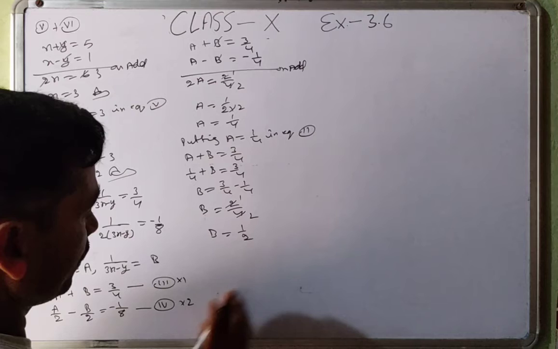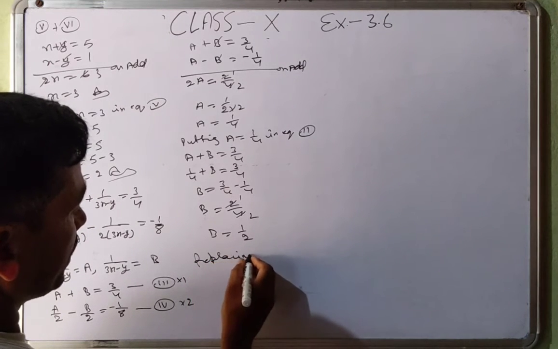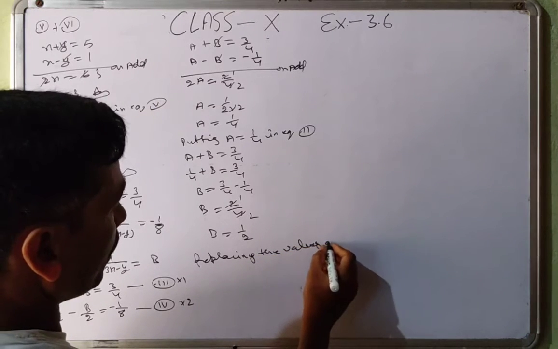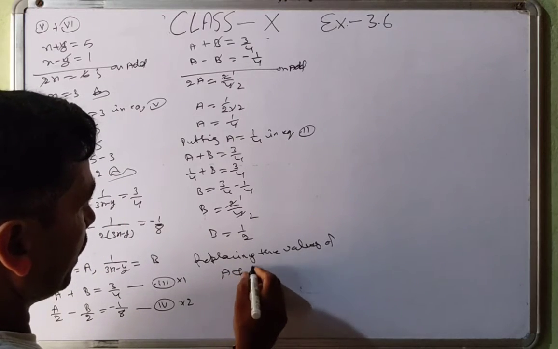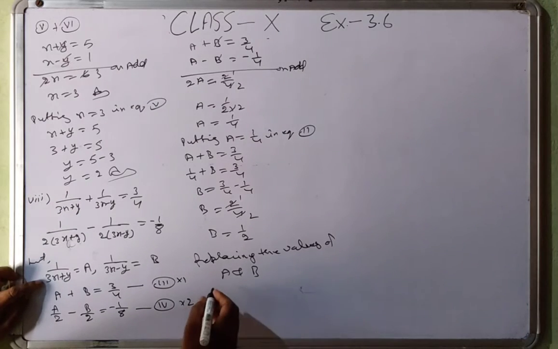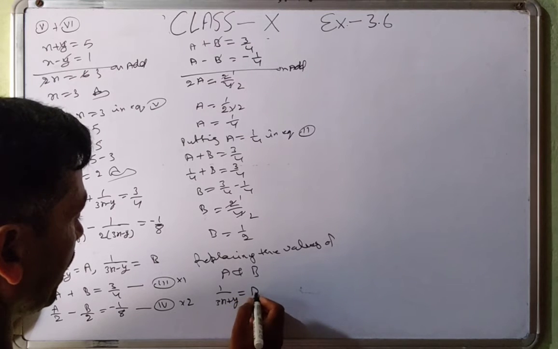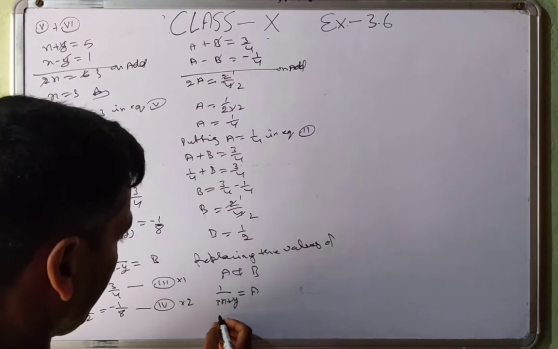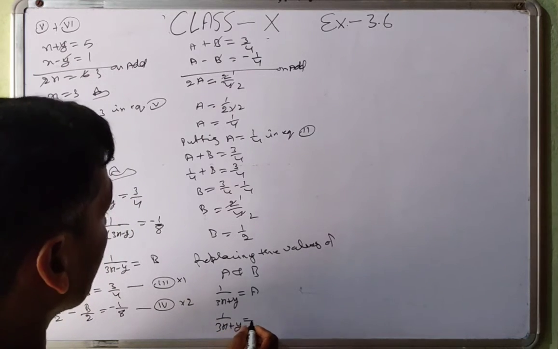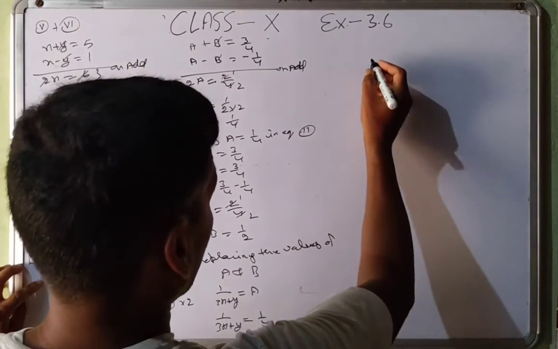Well, now we will replace the values of a and b. We supposed that 1 upon 3x plus y is equal to a, and the value of a is 1 upon 4.